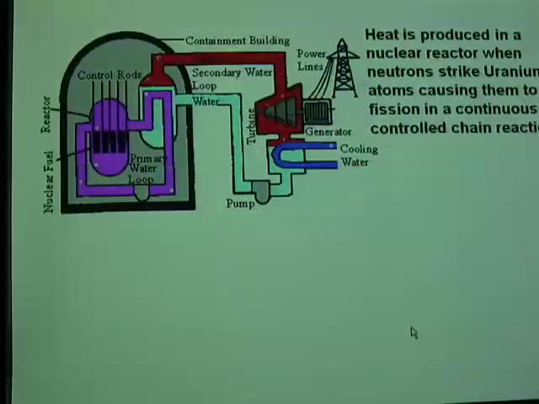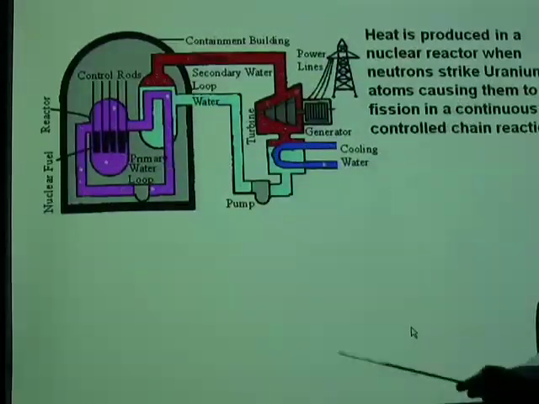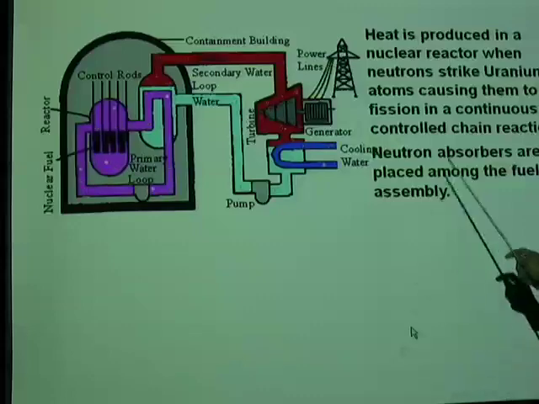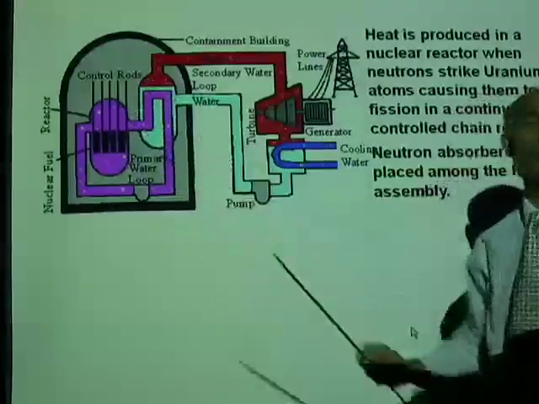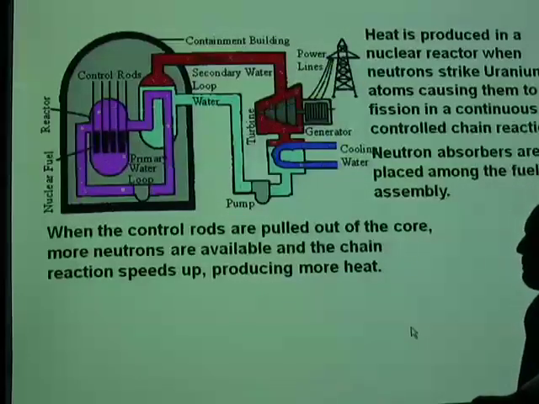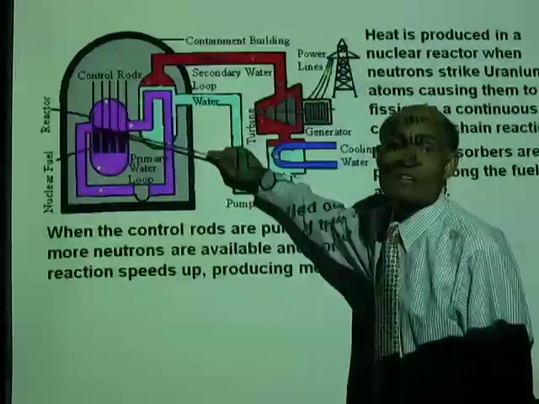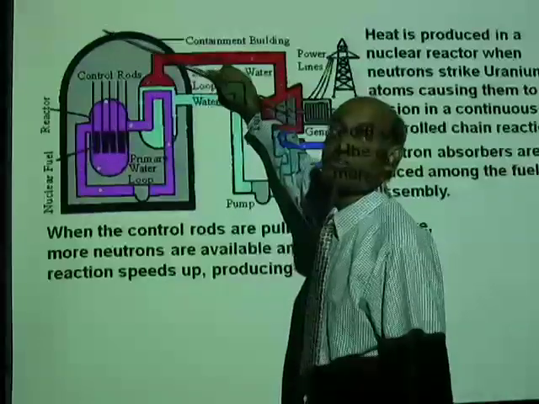So heat is produced in a nuclear reactor when neutrons strike uranium atoms, causing them to fission in a continuous controlled chain reaction. Neutron absorbers are placed among the fuel rods for achieving that controlling process. When the control rods are pulled out, you can actually shut down the reactor by pulling out the control rods.